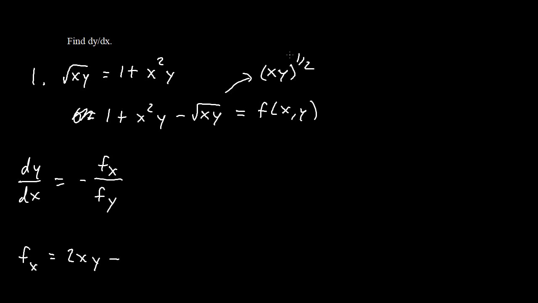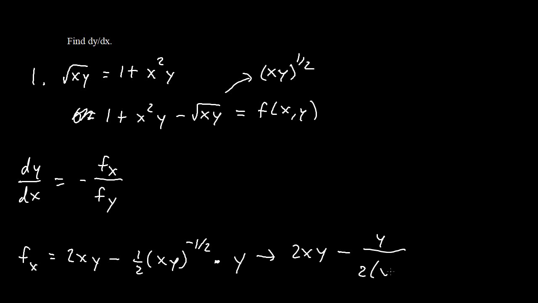And so the partial derivative of xy to the 1/2 is going to be 1/2 times xy to the negative 1/2 times the derivative of the inside function. If we're deriving with respect to x, the derivative is simply just y. So if I simplify this, we'll get 2xy minus y over 2 times xy to the 1/2.